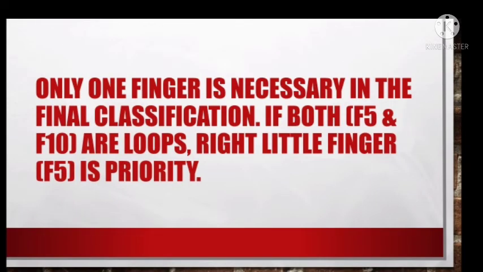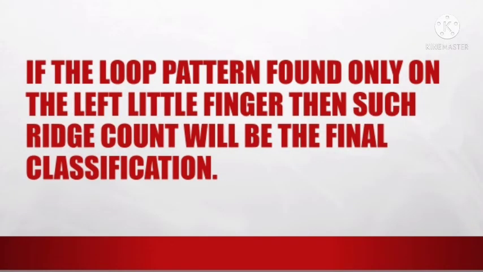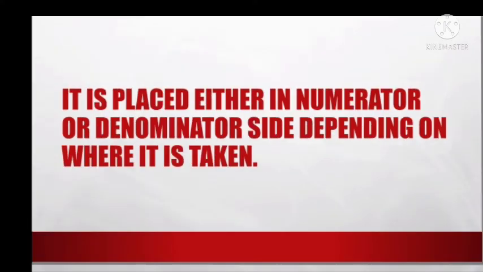Only one finger is necessary in the final classification. If both finger 5 and finger 10 are loops, the right little finger, finger 5, is priority. If the loop pattern is found only on the left little finger, then such ridge count will be the final classification. It is placed in the numerator or denominator depending on where it is taken.